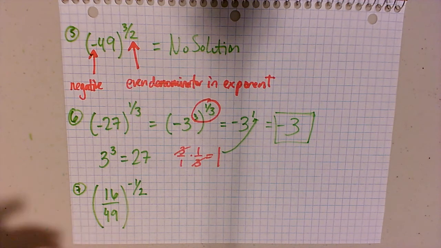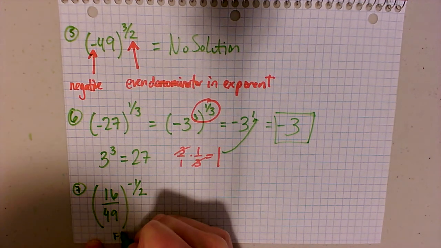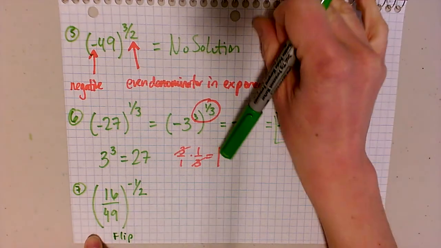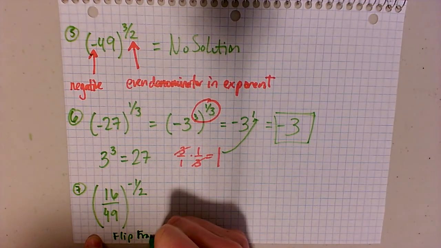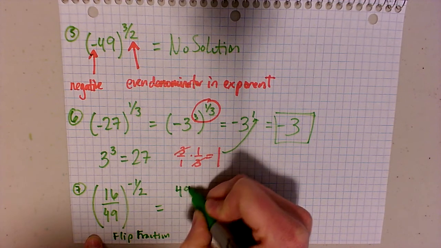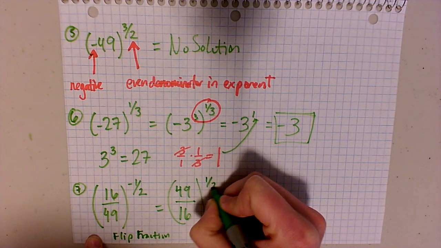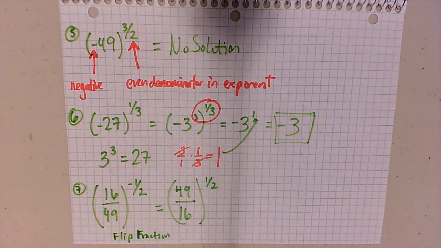Well, that's going to be a little cumbersome to do here because we have a fraction, so then we would have a fraction inside of a fraction, which doesn't look like any fun. A really fast way to deal with fractions that have negative exponents is to just flip the fraction. Okay, so what I'm going to do is flip my fraction, and so this is now going to become 49 over 16, and this is raised to the positive 1/2. So that's much easier to deal with.